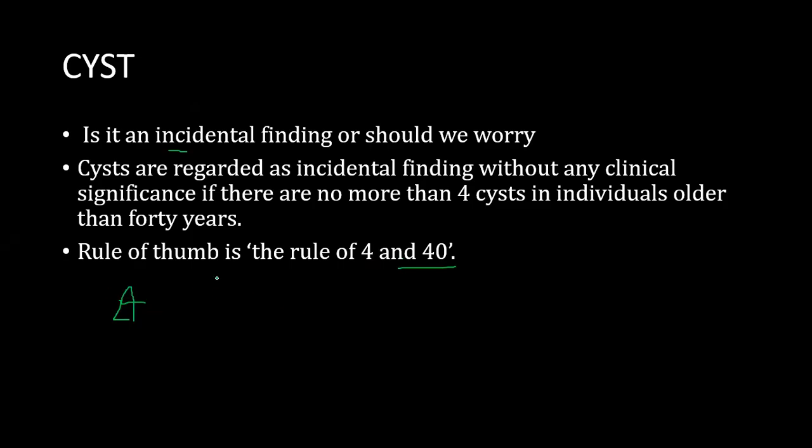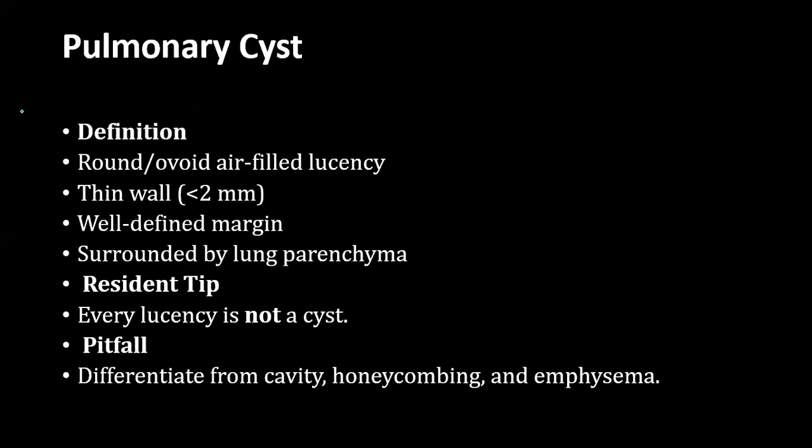So the rule of 4 and 40 is followed: no more than 4 cysts in an individual 40 or above. Those are normal, and you are not going to start diagnosing them as some kind of pathology or disease pattern. So ignore those cysts in this setting.